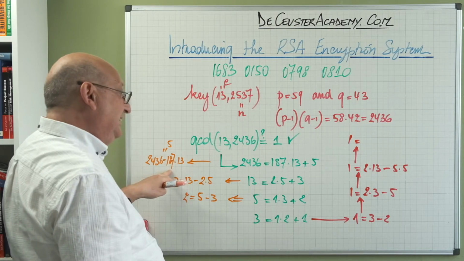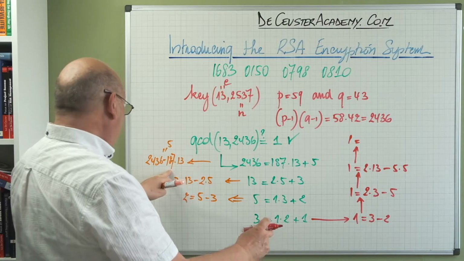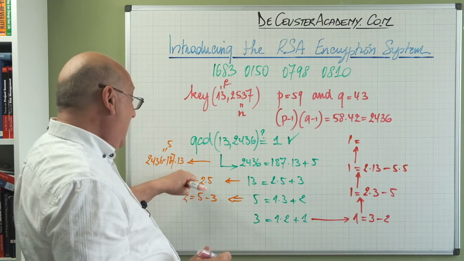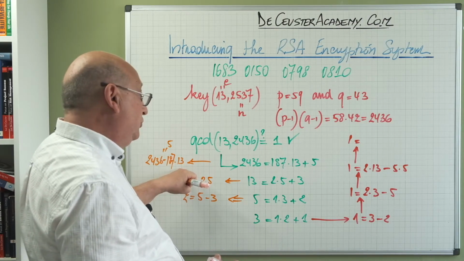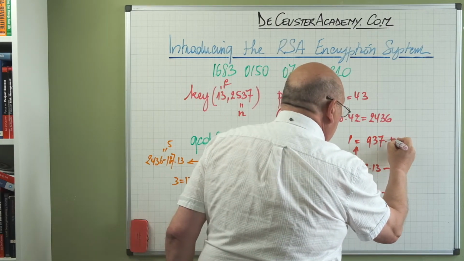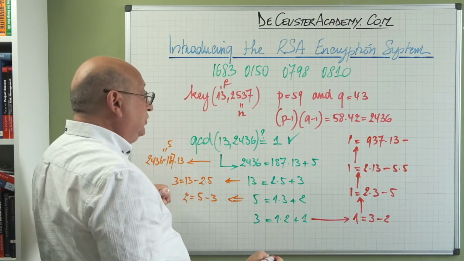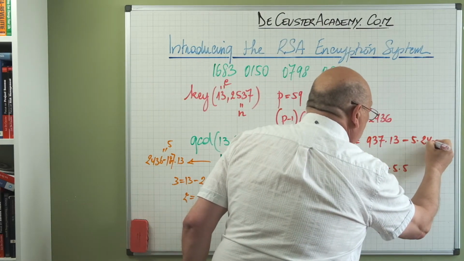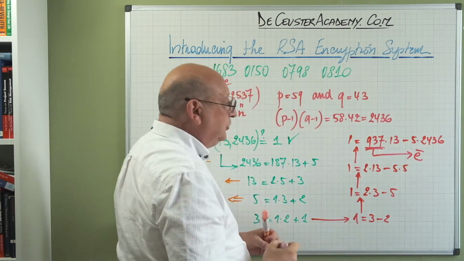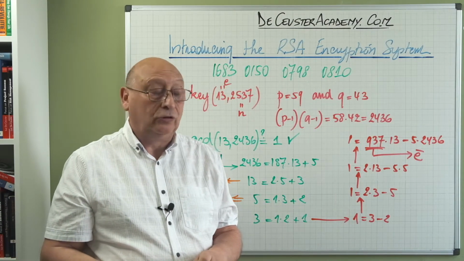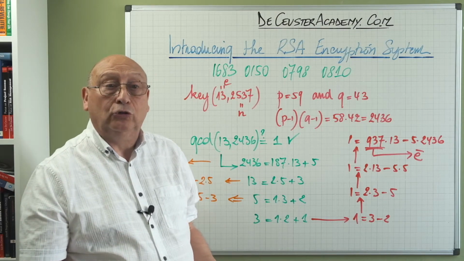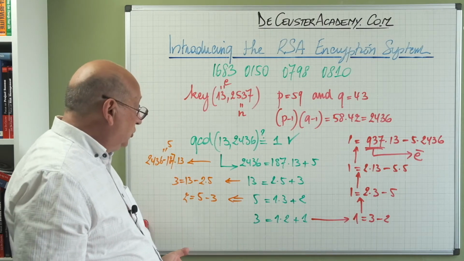So I have 187 here, 5 times 187, which is 935 plus 2, 937 times 13 minus 5 times 2436, and this number is the inverse of e modulus 2436, and that's what we're going to use to decrypt the message.